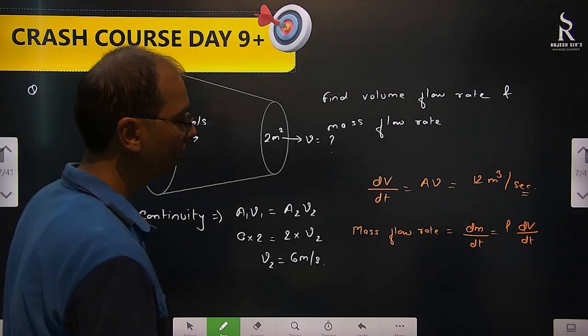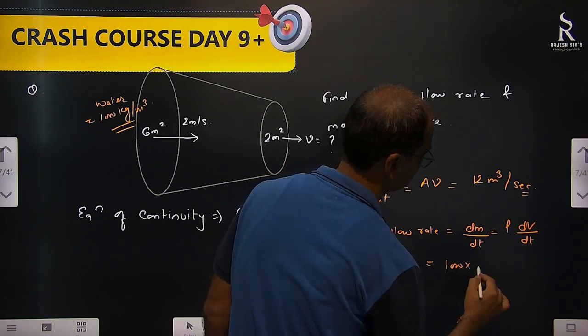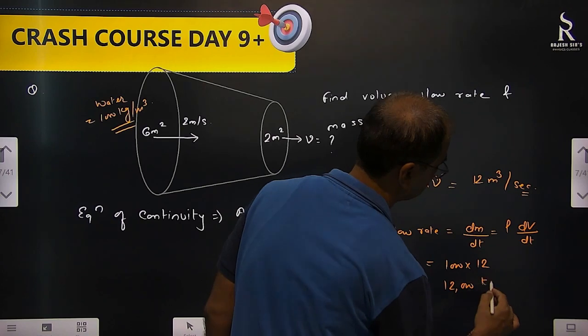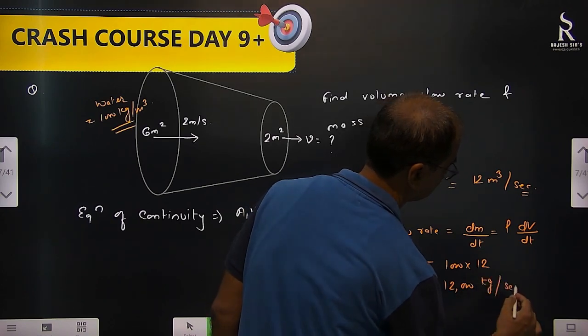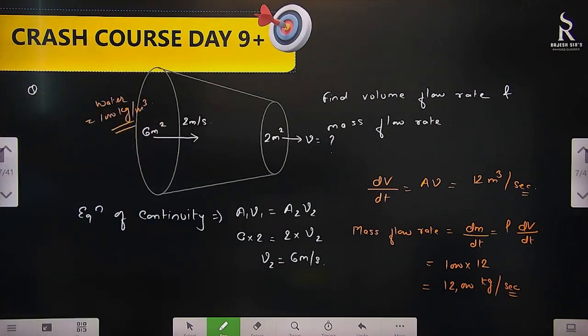So we'll multiply here. dV by dt you already have found, so this is 1000 into 12. So we'll say that 12,000 kg per second is the liquid flowing. This is mass flow rate.